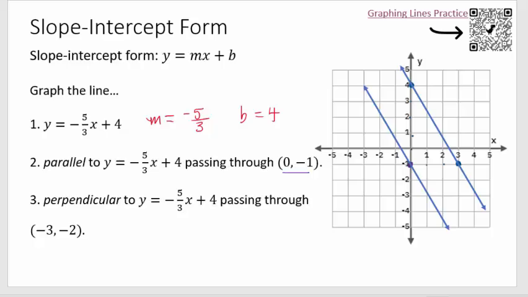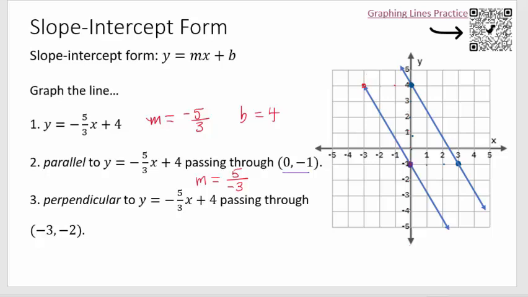But this time, if I count the rise as -5, 2, 3, 4, 5, I end up off my grid. Instead, I may use a rise of 5 and make the run negative. So I'd count up 5 from the y-intercept and left 3, and then I know that that line should pass through this point.